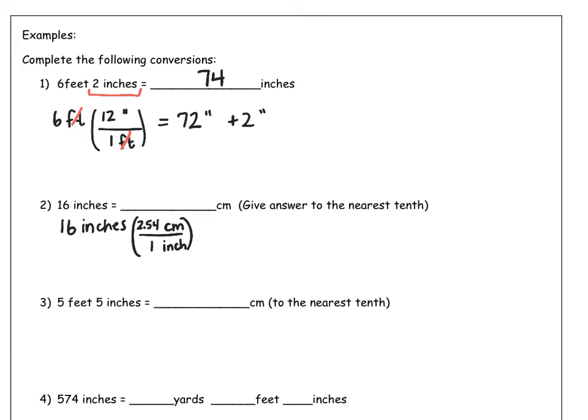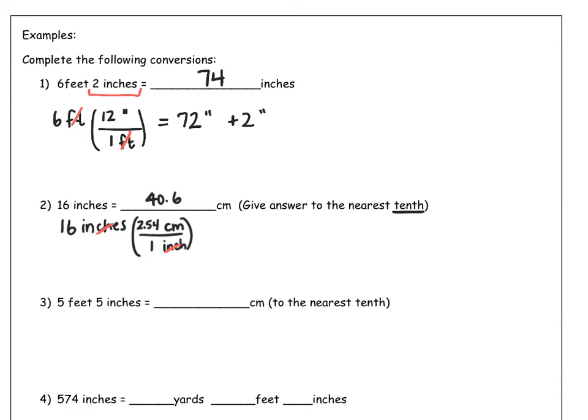You might also have someplace where it says 1 centimeter equals X inches. It doesn't matter which you choose, just make sure you put the numbers with the appropriate letters. Cancel away my inches, and 16 times 2.54 gives me, to the nearest tenth, 40.6 centimeters.